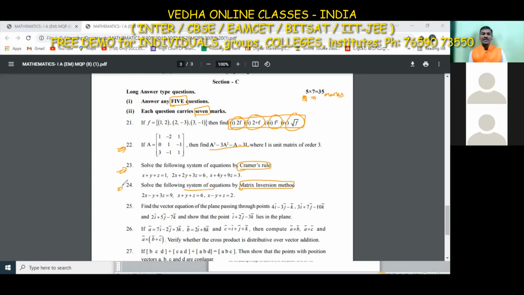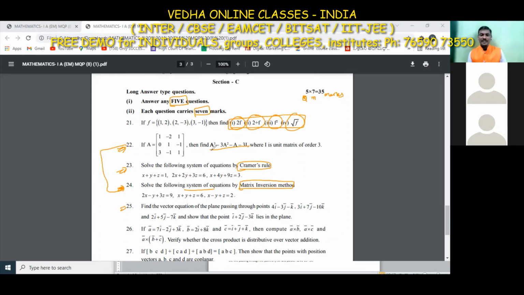These 3 questions are from the matrices chapter. If you put in a little effort, easily you can get full out of full in this. So 3 out of 3 we can solve.